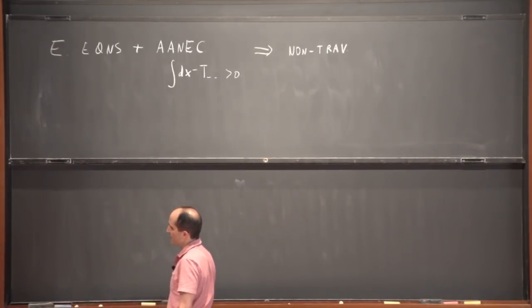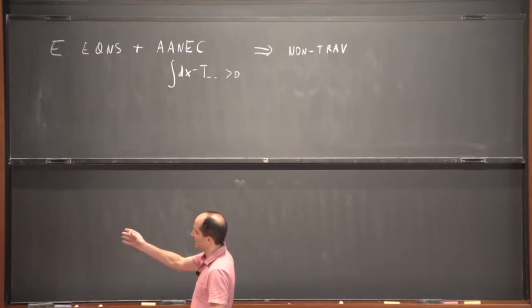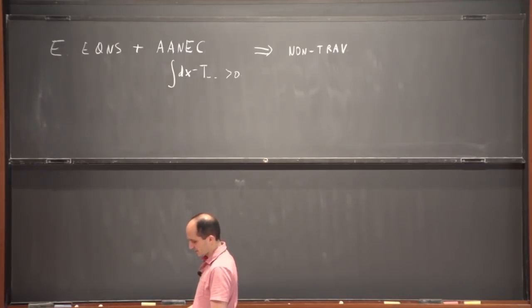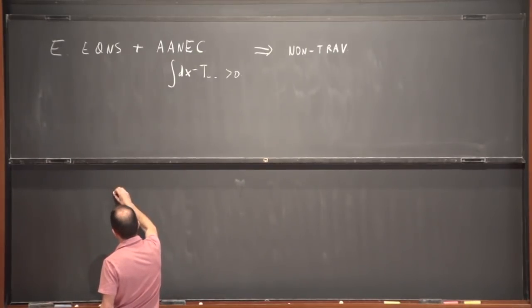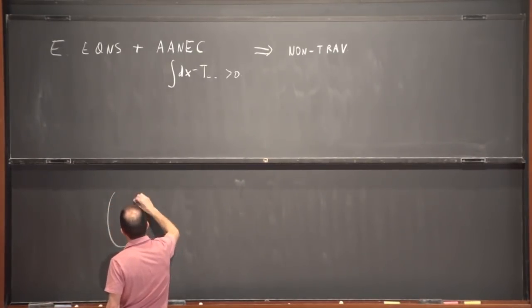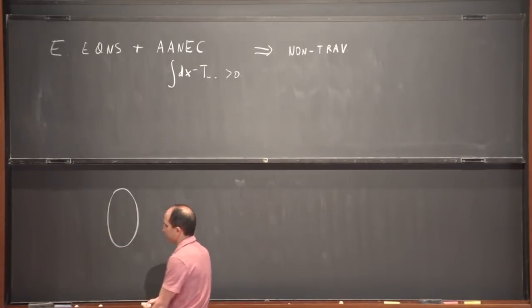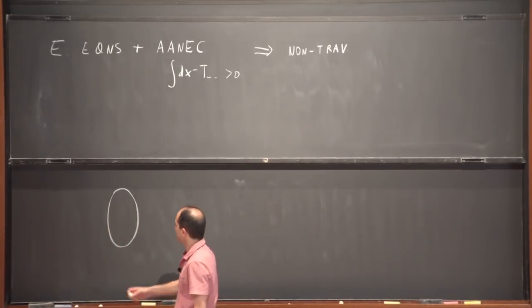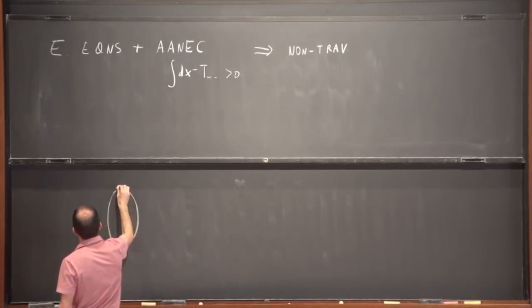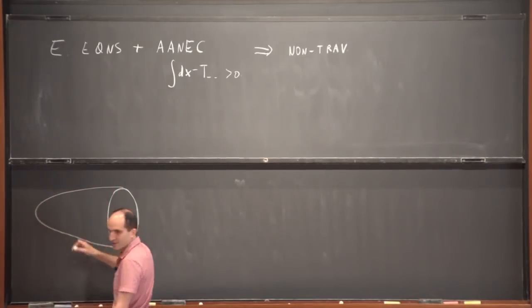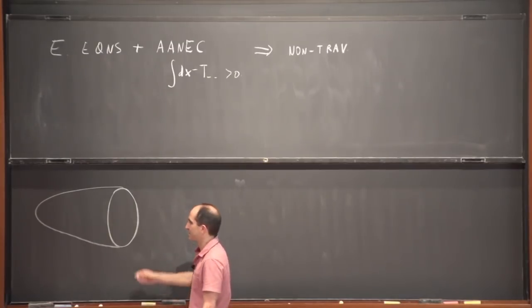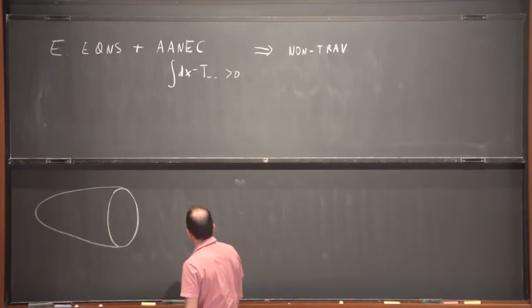Now, it's useful to think a little bit about the connection between these wormholes and the Euclidean black hole. When you have a Euclidean black hole, you have a Euclidean time circle, whose length is set by the temperature. And then the radial direction shrinks smoothly, and it has roughly the structure of a cigar. That's for asymptotically flat space black holes.